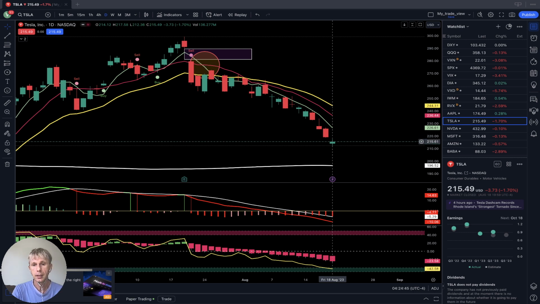Last bar disconnected from MA5, 10 and 20. Bearish trend on all indicators, RSI in oversold territory. Bearish trend on daily time frame. Can bounce because it's oversold and disconnected from moving averages. Definitely can bounce.